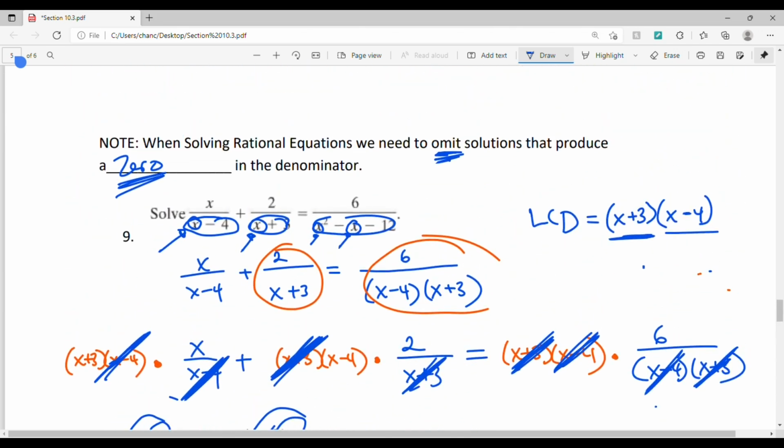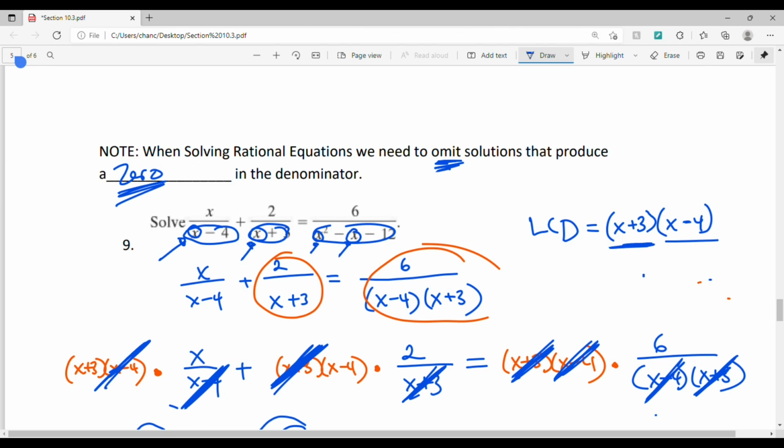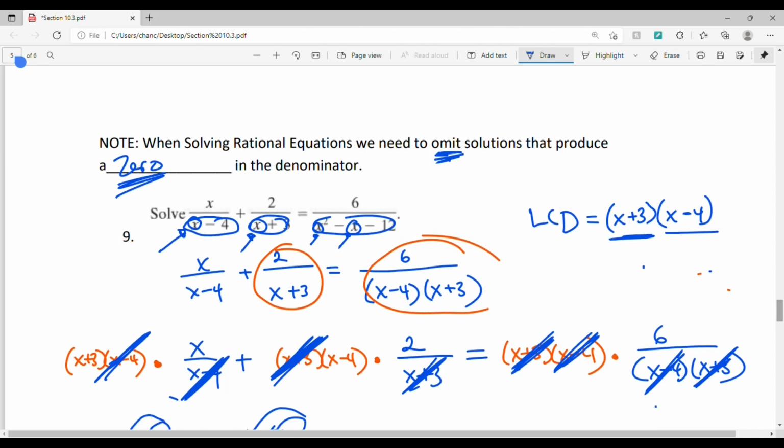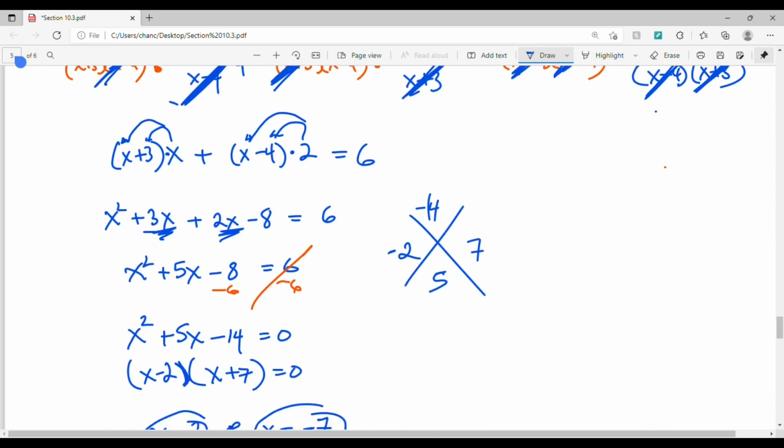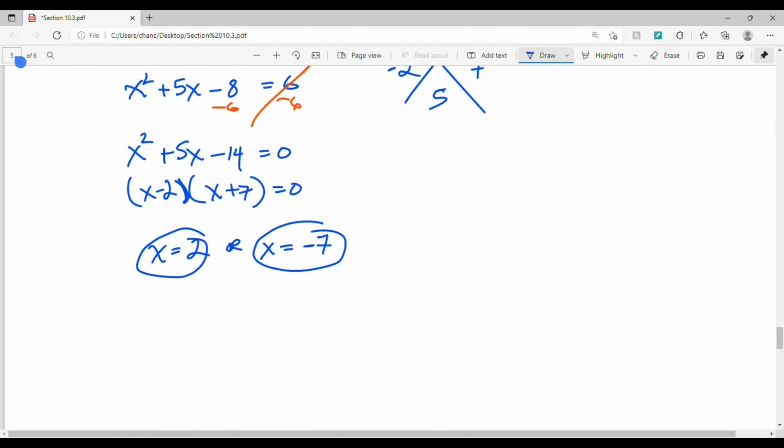If you plug in a 4, you're going to get a 0 on the left fraction here. And if you plug in a negative 3, you would get a 0. So 4 or negative 3 would be options that you would have to throw out. In this case, these are not 4 or negative 3, so they're both good solutions. We have to check to make sure the denominator is not 0.